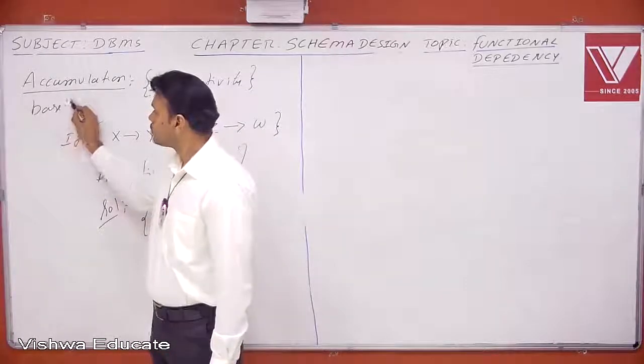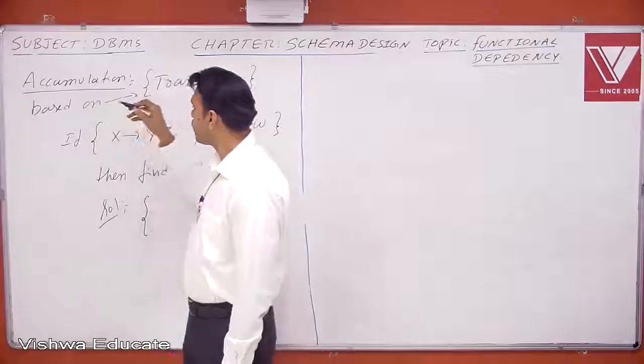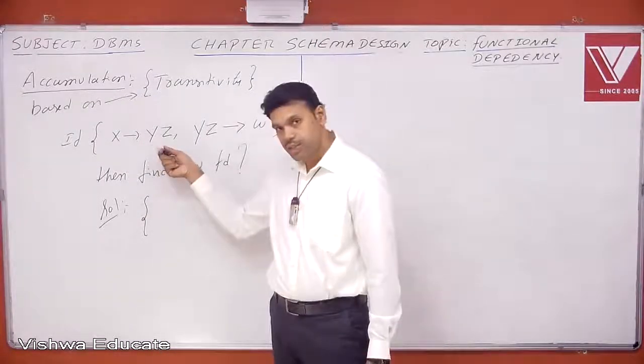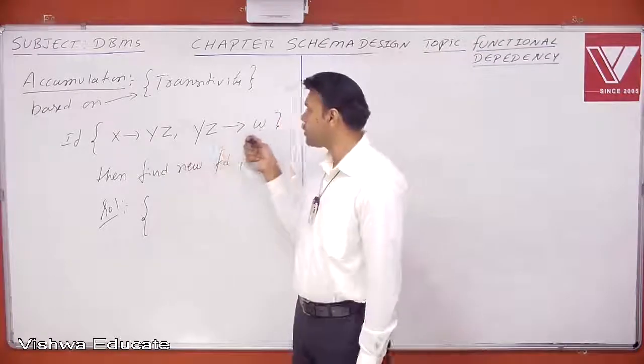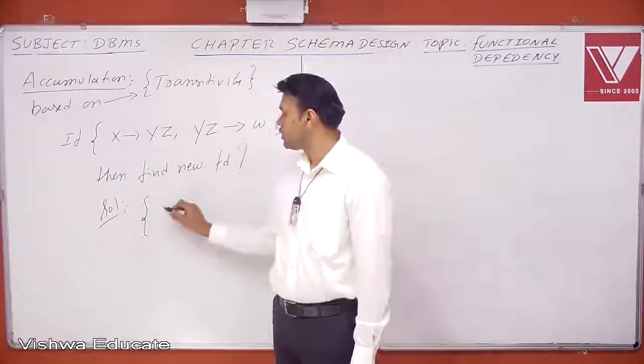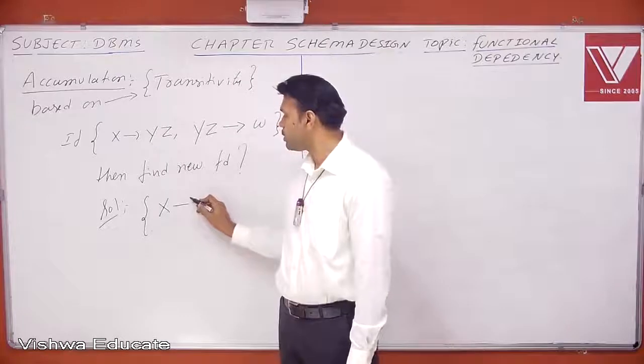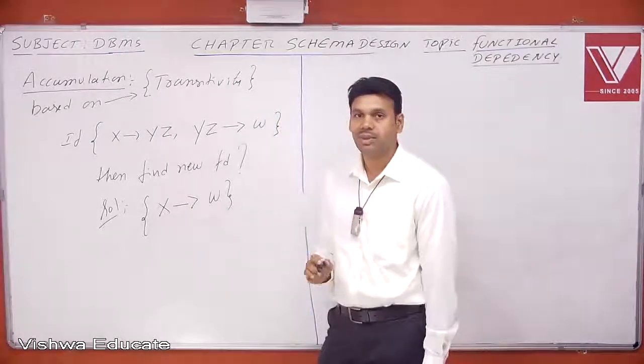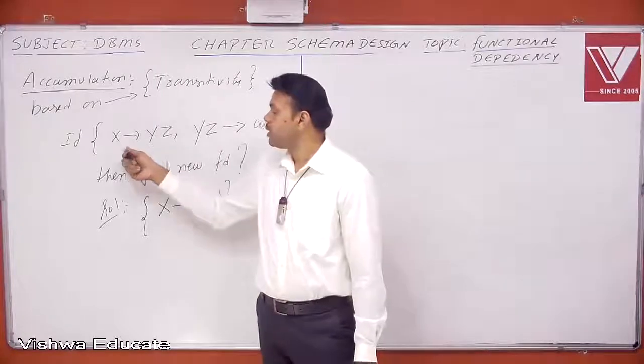Accumulation based on transitivity, which means x tends to yz and yz tends to w. Therefore, I can write x tends to w. It's very simple.